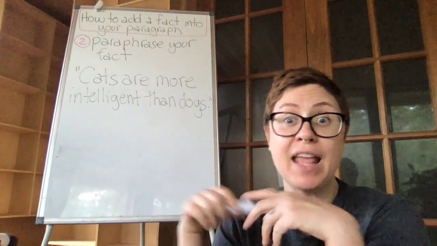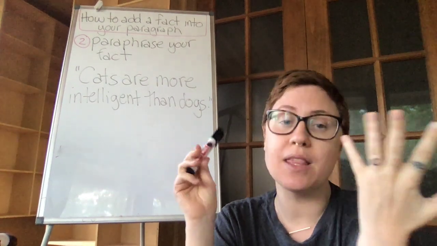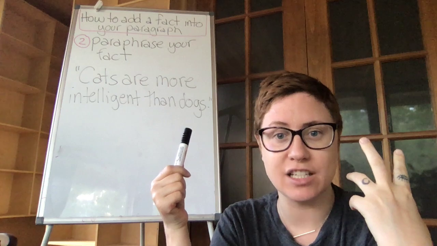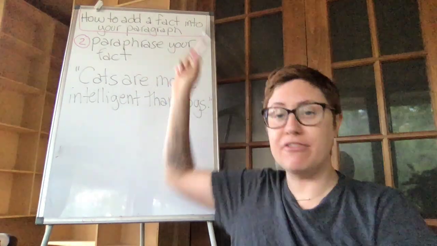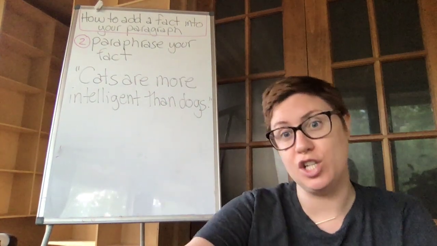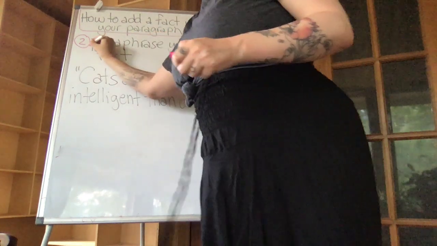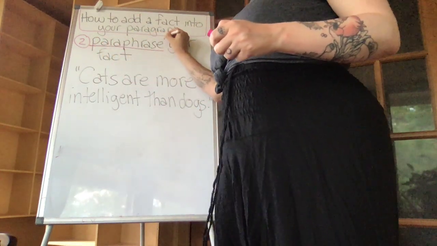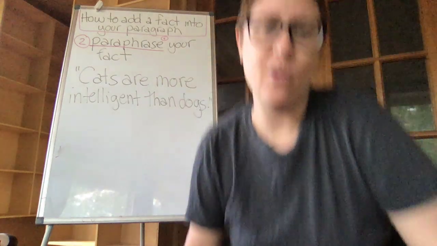Okay, I'm back. The next thing we have to do is paraphrase our fact. This word paraphrase maybe is new to you. Paraphrase is a verb. It's also a noun.